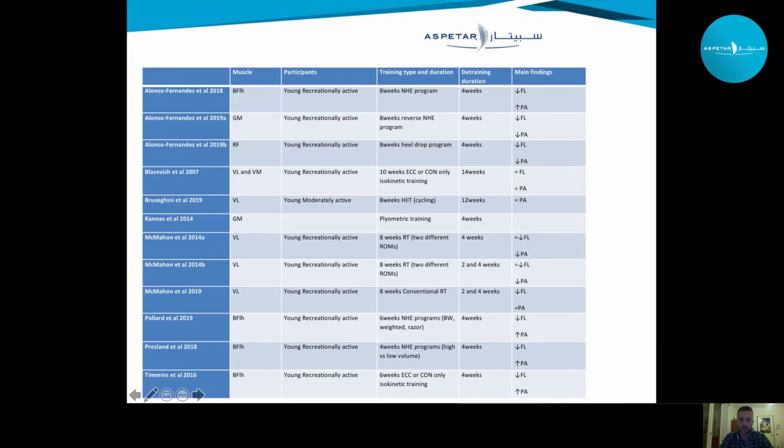Look at the biceps femoris long head. There's always, in a detraining situation, an increase in pennation angle rather than the decrease in pennation angle that is seen in other muscles. So I don't know why. Literally, I don't know why. I ask myself, and maybe it's a peculiar muscle that responds in a peculiar way to detraining.